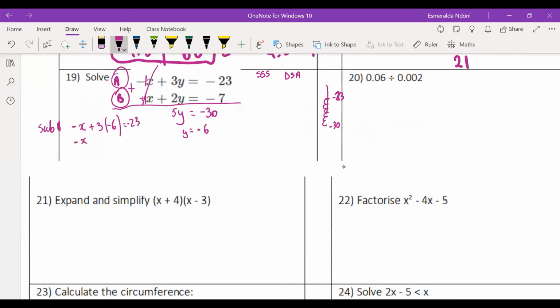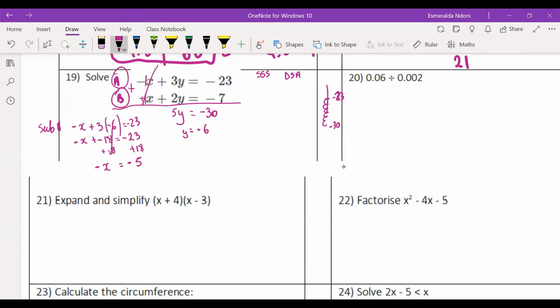So negative x plus a negative 18, negative 23. We need to solve this equation now, and we do that by eliminating the 18. So I have a negative x equals to a negative 5.